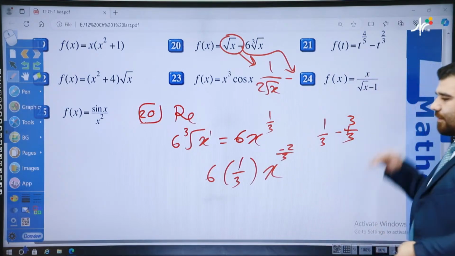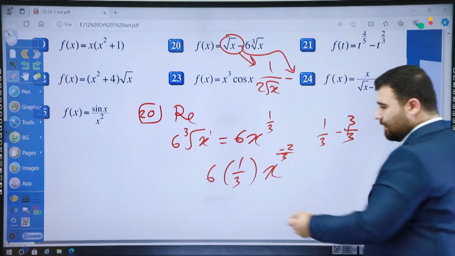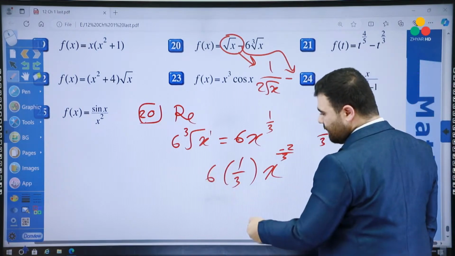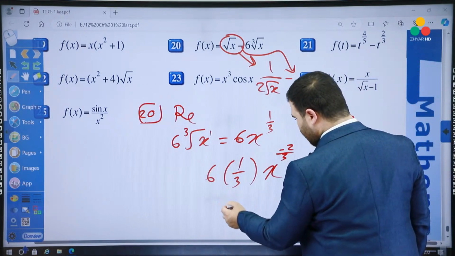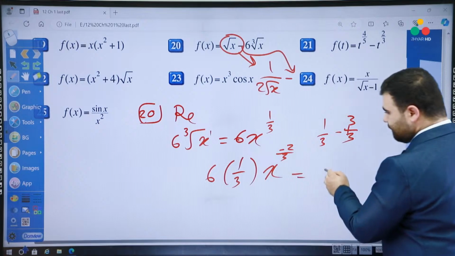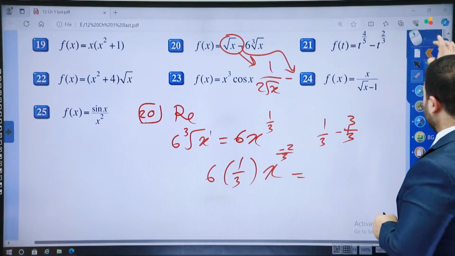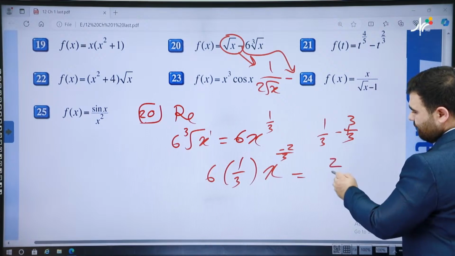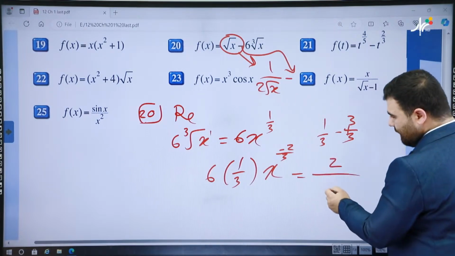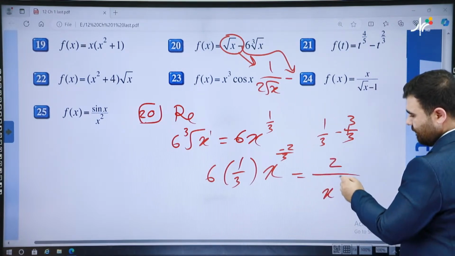Since it has a negative power, it should go down. And there is simplifying between the 6 and 3. The answer will be 2 over x power 2 over 3.